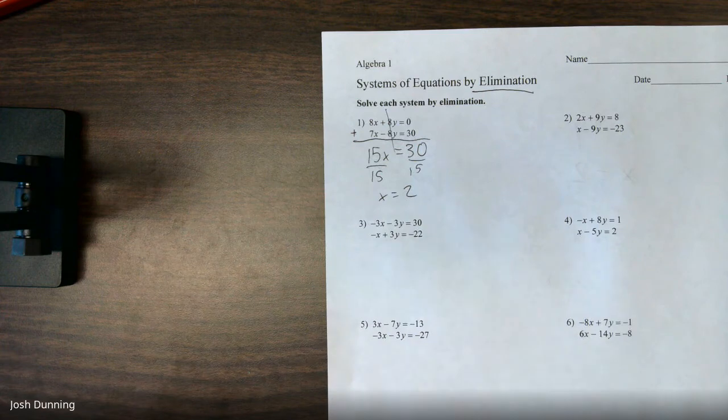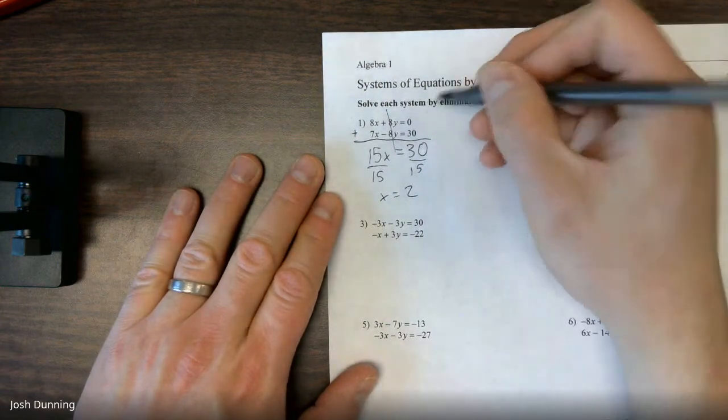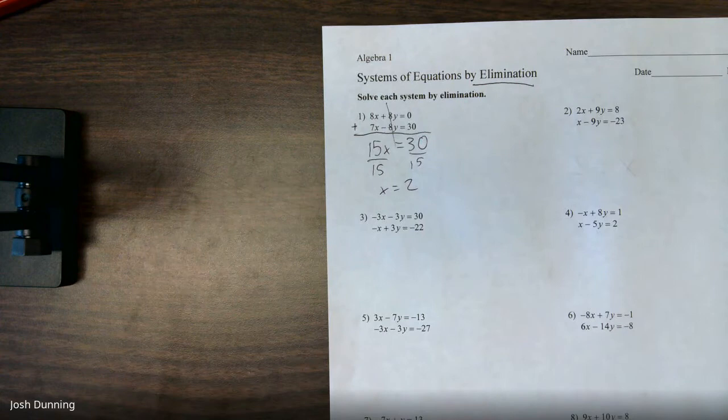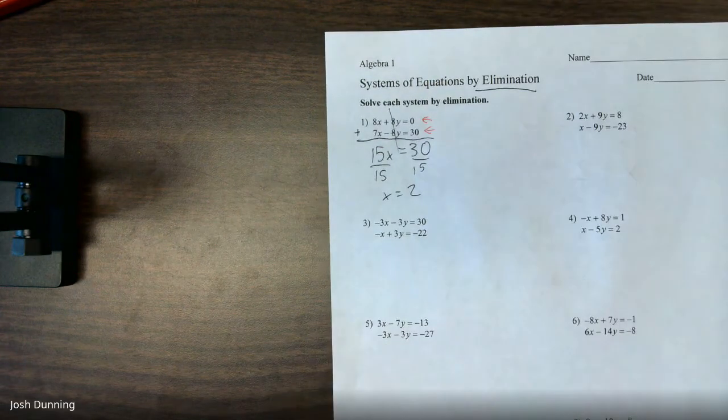Now, when you solve a system of equations, you need a solution for both variables. So after you get your first one, what you do is you go back, and this is why I said don't destroy these, and just pick one of them. It doesn't matter which one you pick.